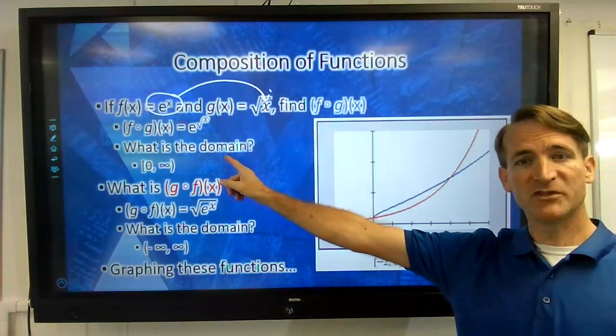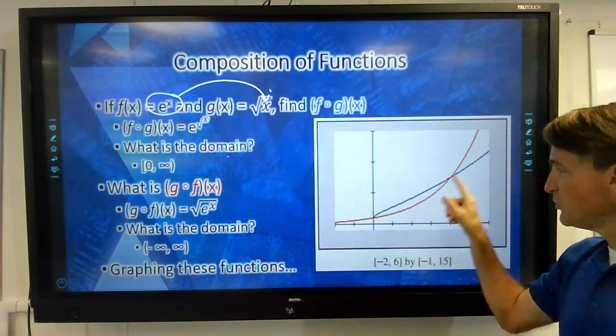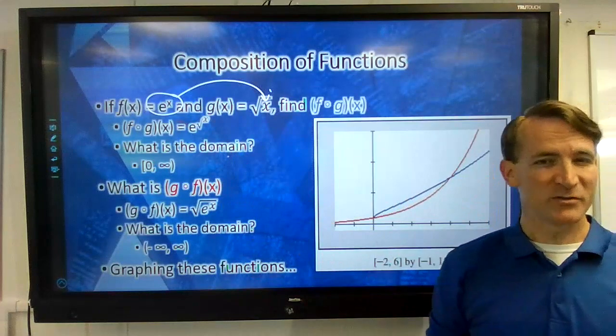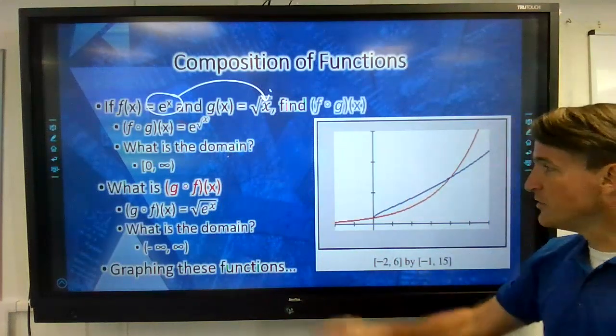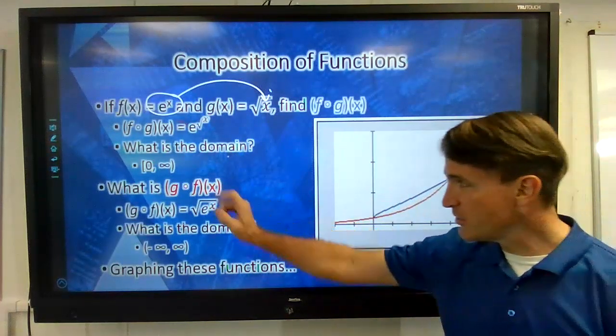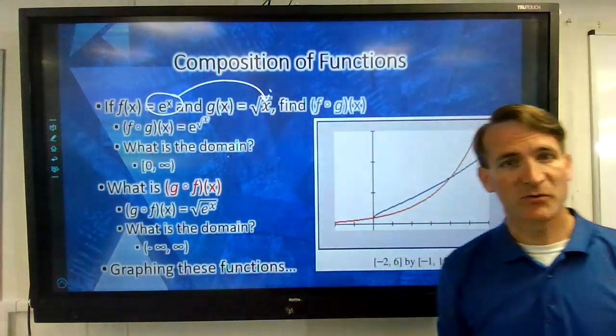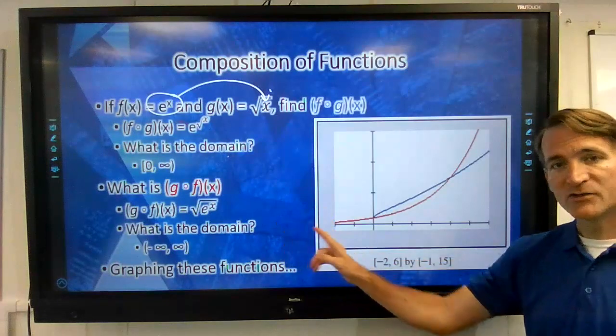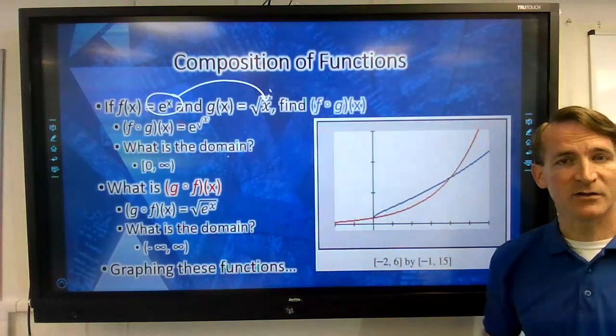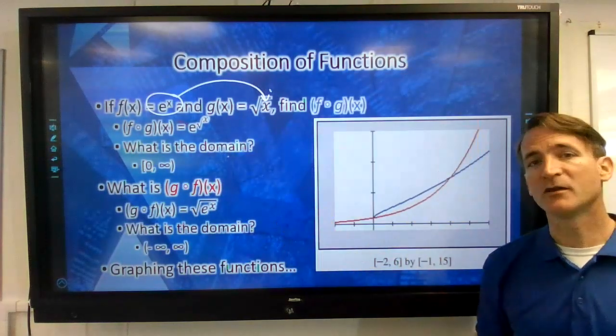It has a domain going from 0 to infinity. So that's this blue line right here, what appears to be a line. It's not actually a line. The red function here, g composed of f, I have a domain that goes from negative infinity to positive infinity. So I can plug in any value for x and it will work out in my composed function.